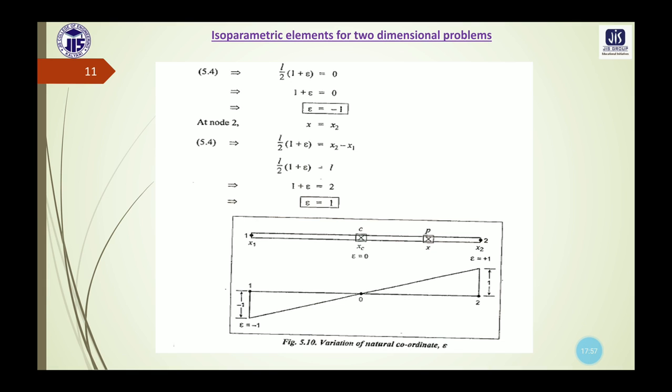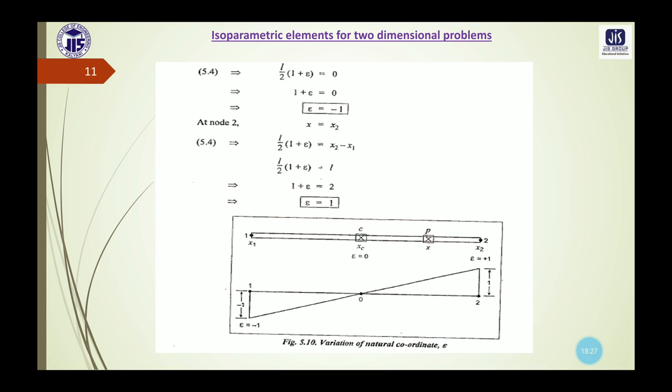If we put x equals x1 in equation 5.4, we get L by 2 into (1 plus epsilon) equals 0. So finally epsilon equals minus 1. This is the result for the natural coordinate when we put the boundary condition x equals x1 at node 1.